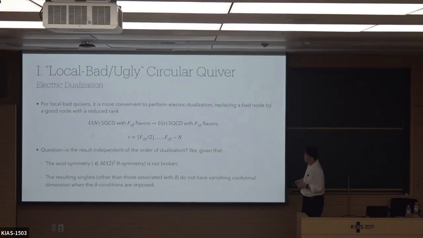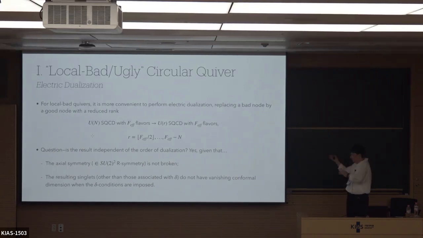Okay, so let me show you an example. The first example is local badness. For this locally bad circular quiver, we can again apply this procedure of decompose, dualize and combine them back. But instead of doing that, let me just do the electric dualization, which I learned from the SQCD example.